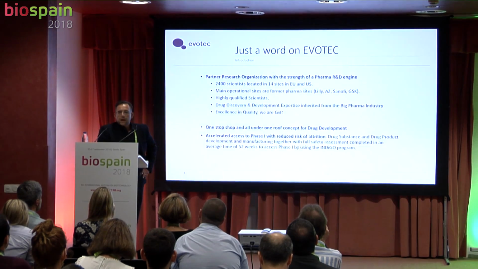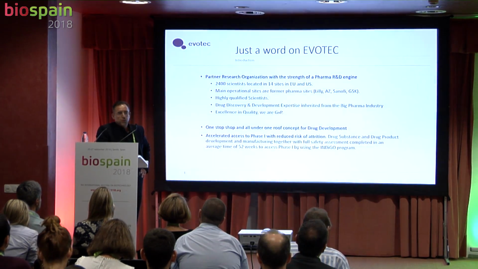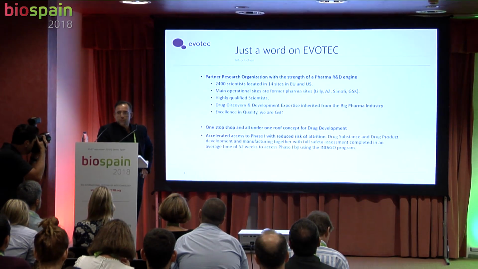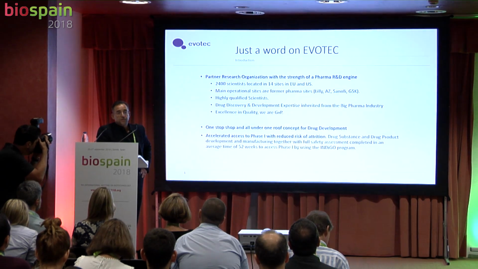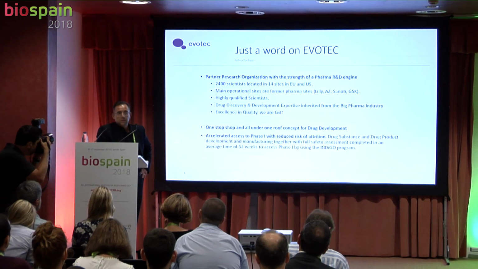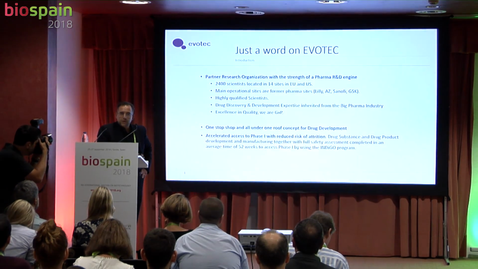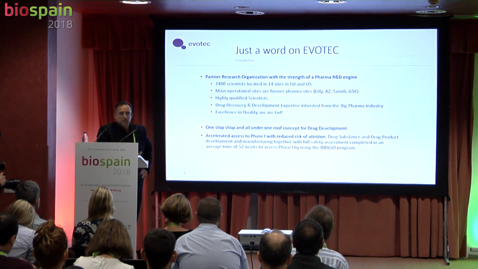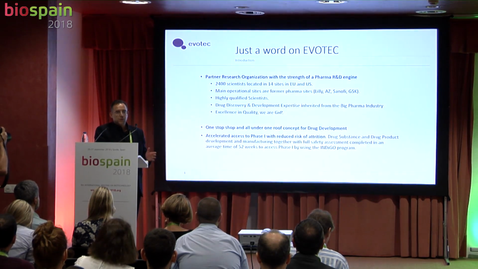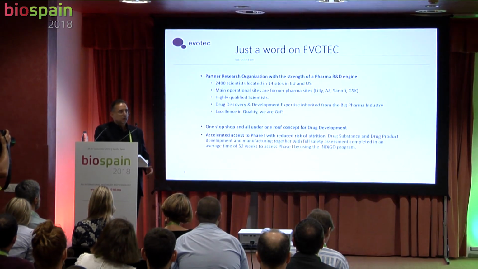We accelerate the access to phase 1 in less than 52 weeks, and we do that by combining all the drug substance and drug product manufacturing with preclinical assessment. So we provide the full R&D package. This is what is Evotec. It's an R&D engine, right? That's it, I stop here. So for those who didn't know Evotec, this is what we are.